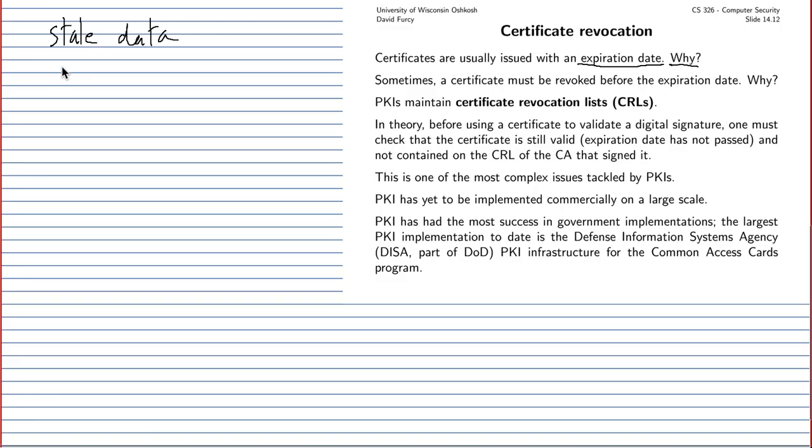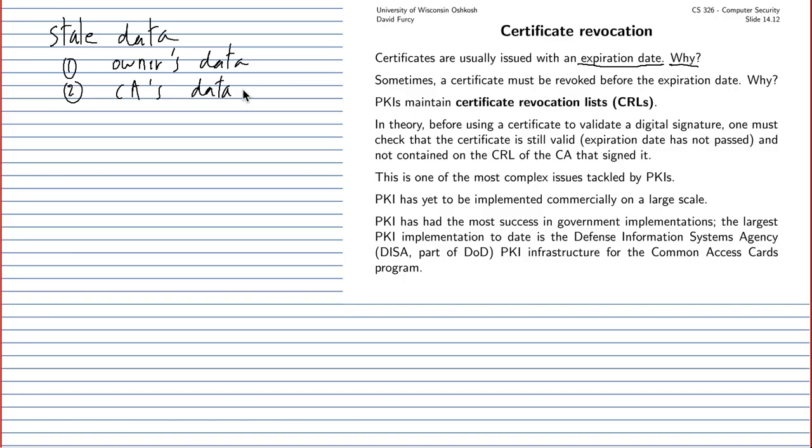So remember that a certificate contains the owner's data, the owner of the public key, and it also contains the CA's data, the name and contact information of the certificate authority that issued the certificate.